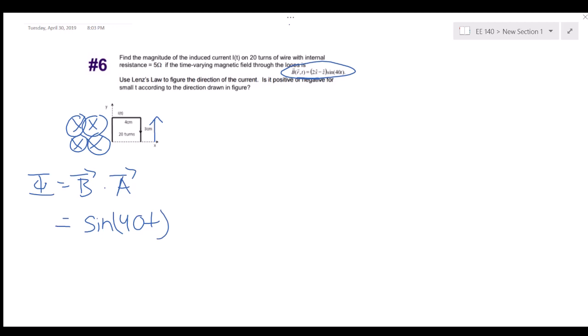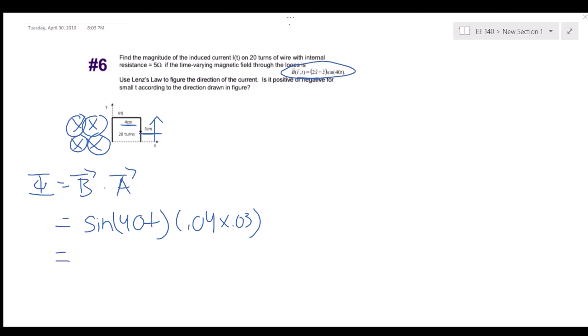And then our area would just be length times width, which is 4 centimeters times 3 centimeters. We have to convert that to meters, so we get 0.04 times 0.03.